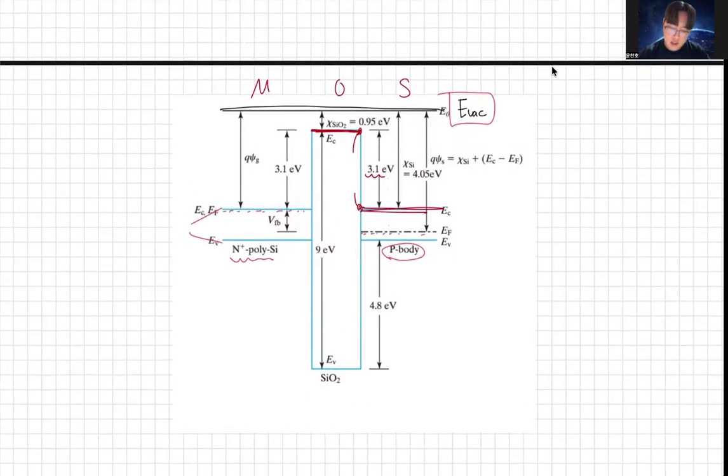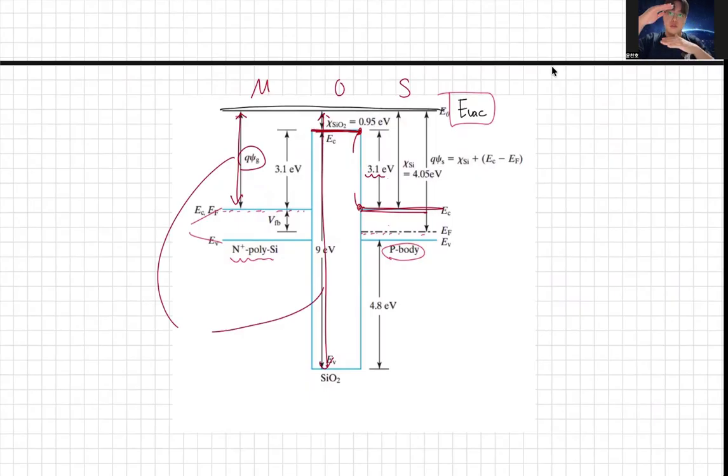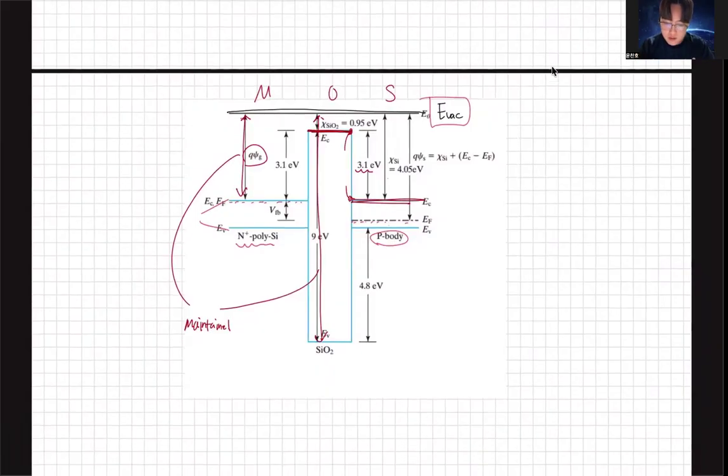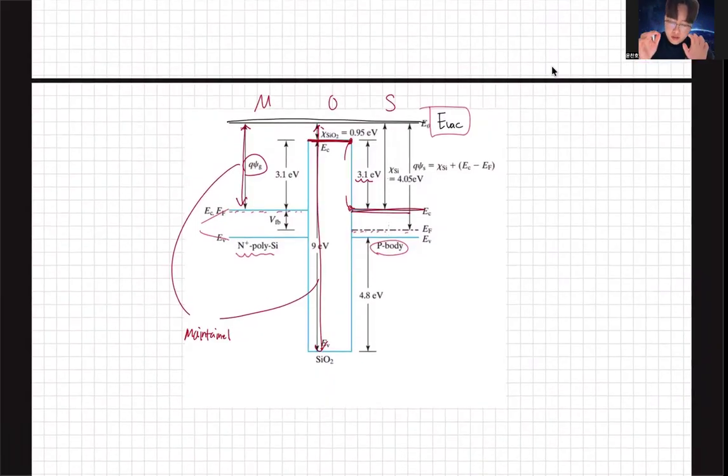The ionization energy between the vacuum energy level and the conduction level, and also here, these two gaps are also maintained. This is a very important thing. Also the offset between the SiO2 valence band and the p-type valence band is maintained.